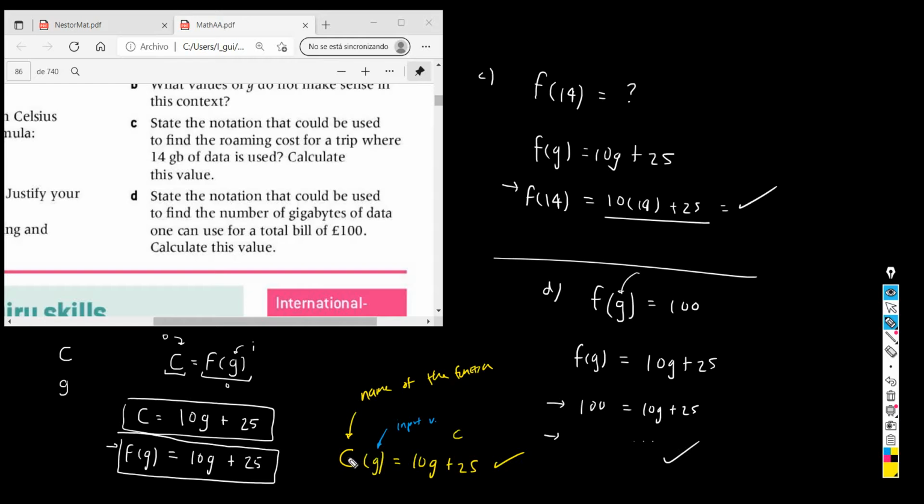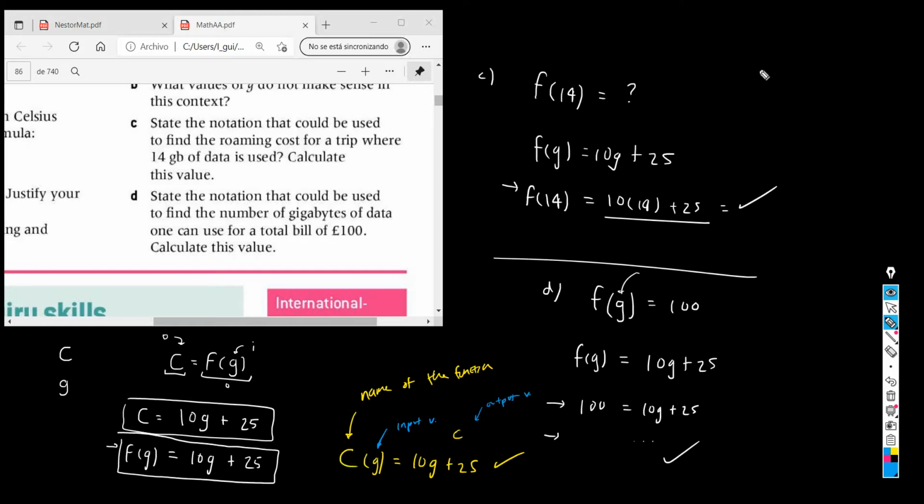To make the distinction between the name of the function and the name of the output variable, it's often customary to write the name of the function in capital letters and this one in lowercase. This is the output variable. So the output variable is a function of the input variable through this function, the function cost.